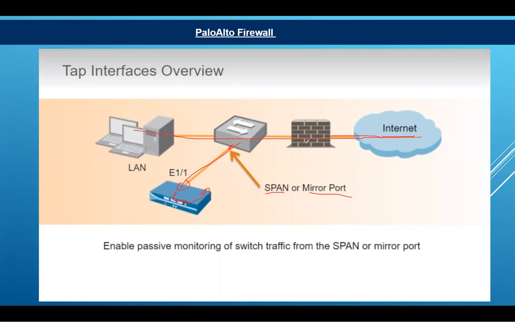In this mode, we cannot block the traffic, because I am getting a copy of the data, not the original data. If the original data is passing through my firewall, then I can block. But the original traffic is going in this direction, and I am getting only a copy of the data. So what I can do is analyze the traffic and generate a report.